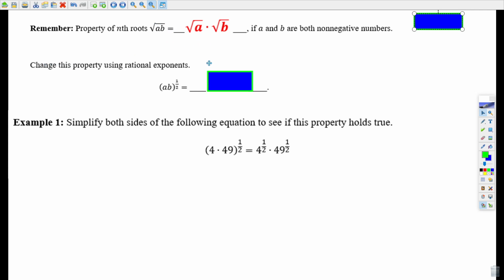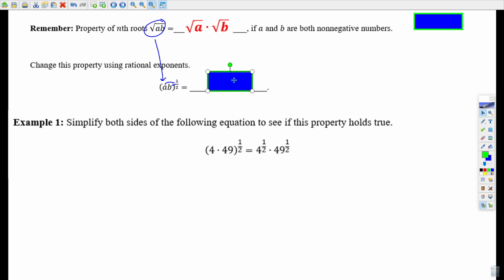Then we're going to use this property. It's kind of the same idea, but we're going to start it out as the ab to the 1/2 power. So if you remember that this is actually the same thing as this, right? If you have the square root of ab, that means it's the same thing as ab to the 1/2. So you can also do the same thing, which in this case, the 1/2 goes to the a and the b.